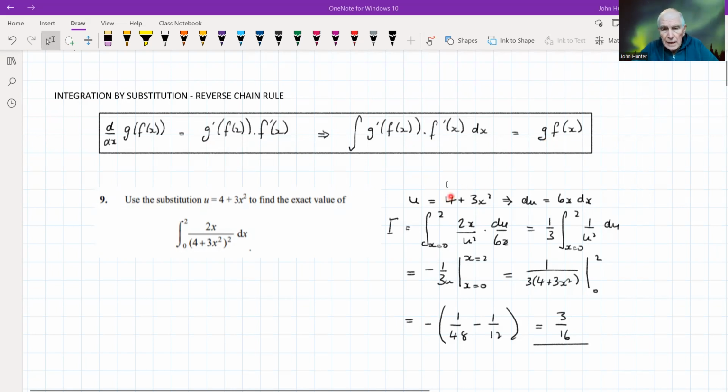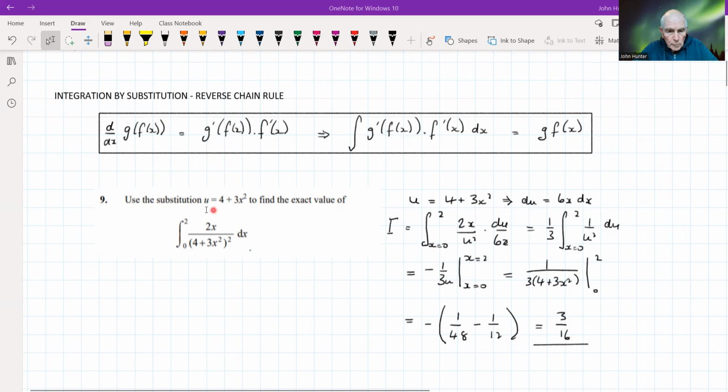So the trick really is to recognize that our integral is of this form, and then that will give us the way to the solution.